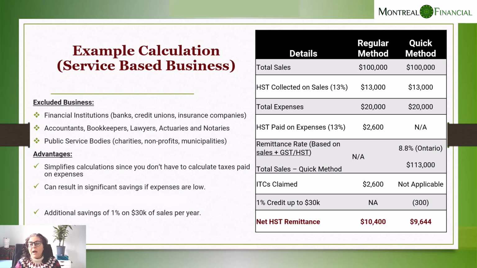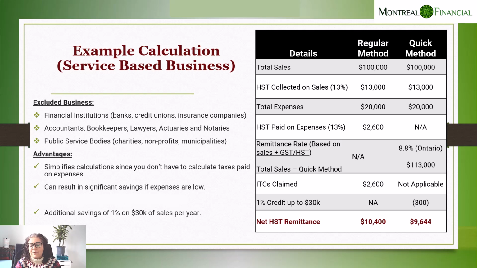But for a company that is located in Ontario, where your customer is also located in Ontario, the remittance rate is 8.8%. And this is the percentage that you would remit to the government. This is calculated on 100,000 plus the HST collected on sale. So it is calculated on 113,000.